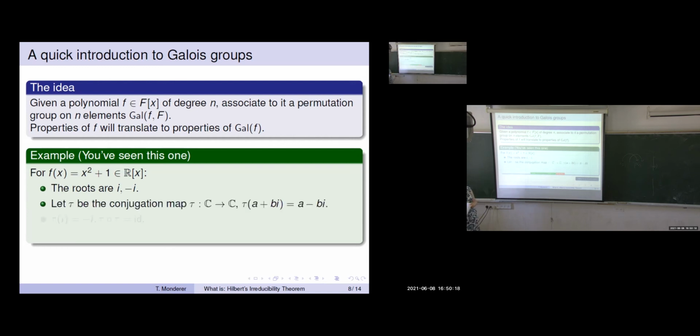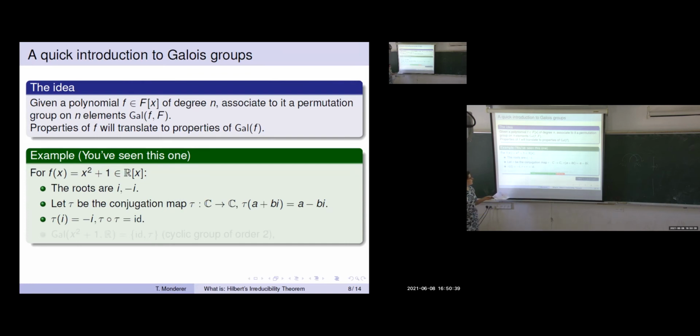And let's look at the conjugation map from the complex numbers to the complex numbers that takes an element to its conjugate. So this conjugation map takes i to minus i, and so it takes a root to a root.